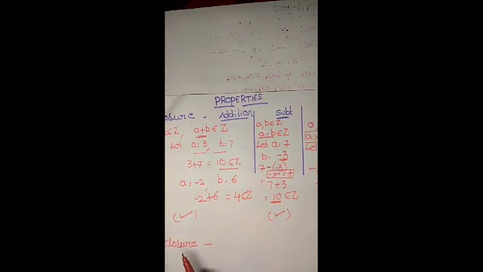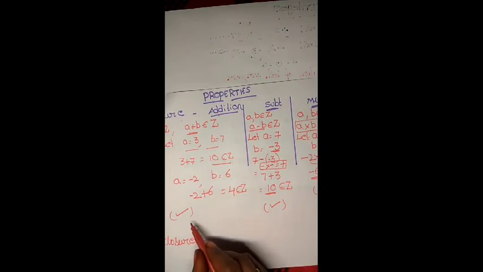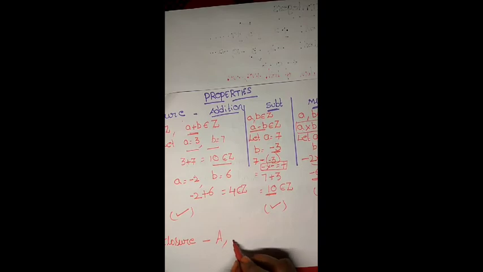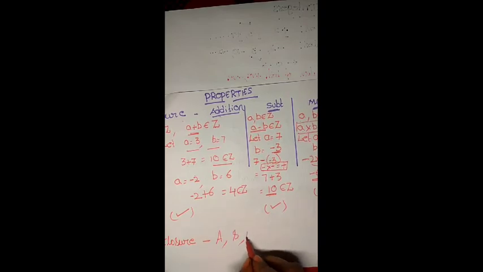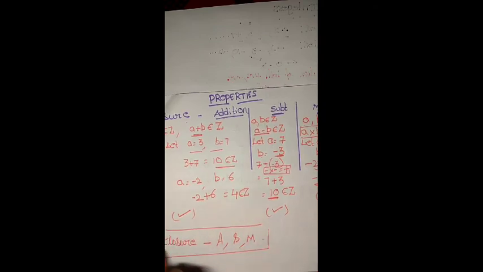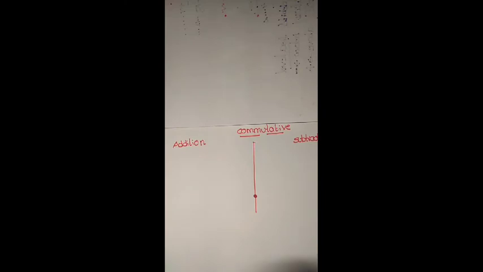So let us see now what the conditions are under which it is satisfied. In closure property, addition of integers is satisfied, subtraction of integers is satisfied, and multiplication of integers is also satisfied. And only division is not satisfied in closure property. Now let us see the commutative property.